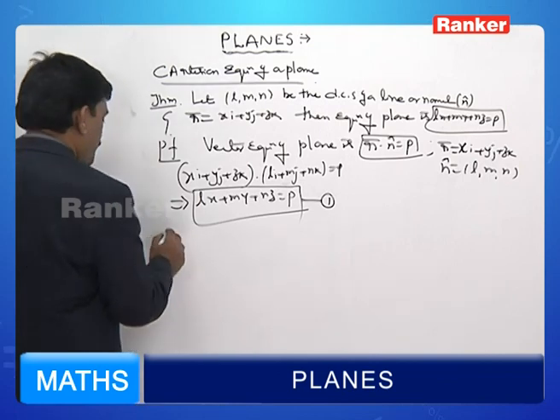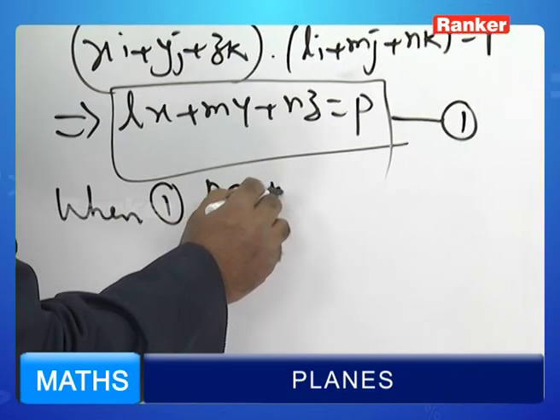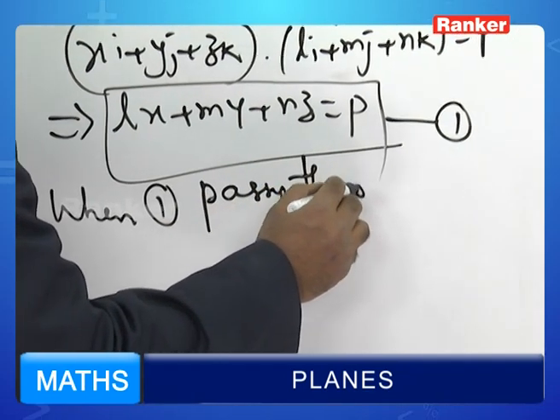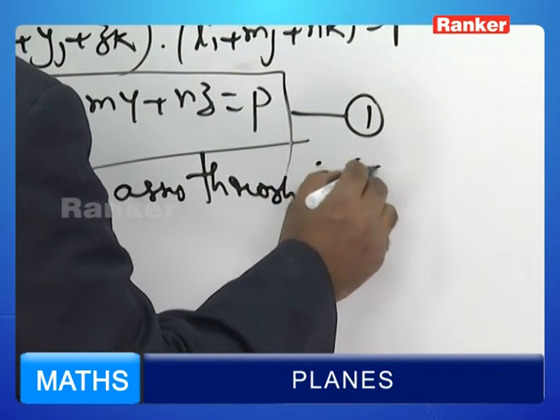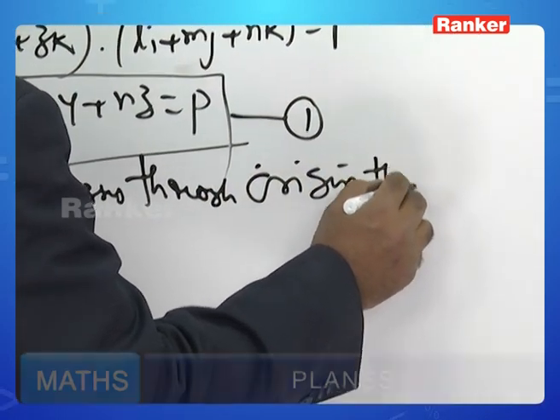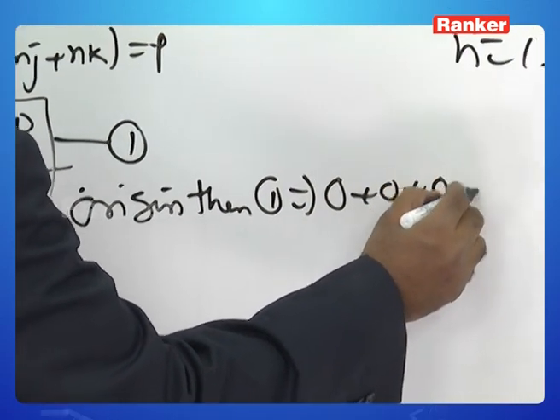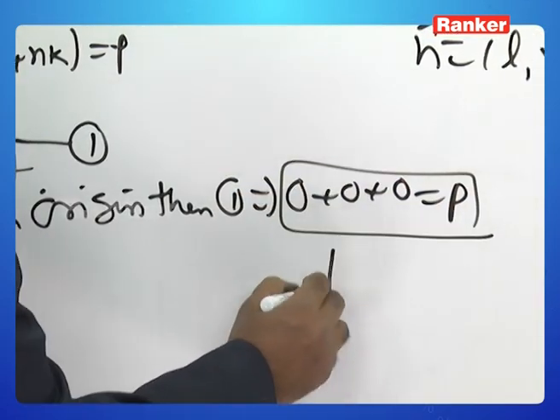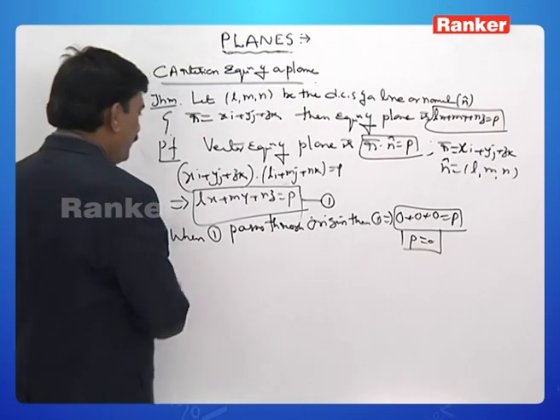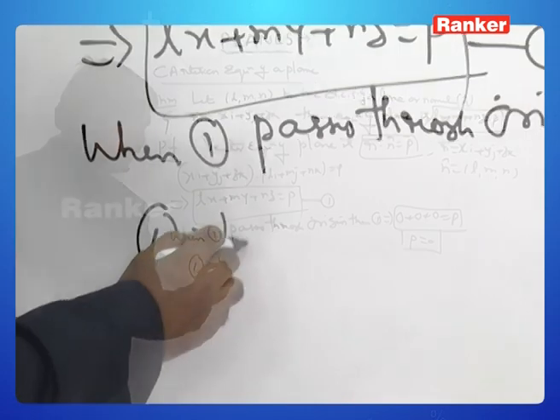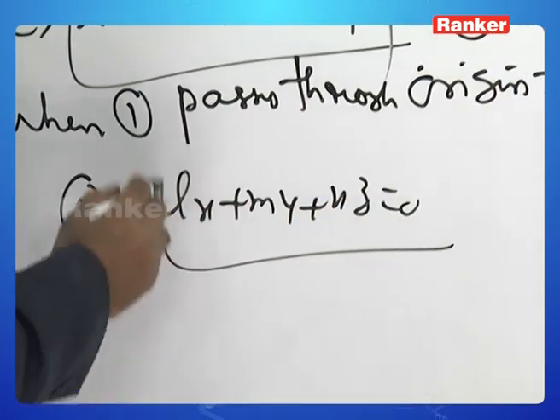When 1 passes through the origin, then 1 implies 0, 0, 0 is equal to p. Therefore, I can write p is equal to 0. So therefore, now 1 implies lx plus my plus nz is equal to 0.